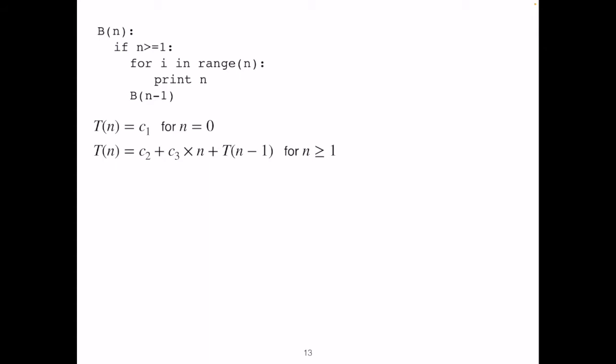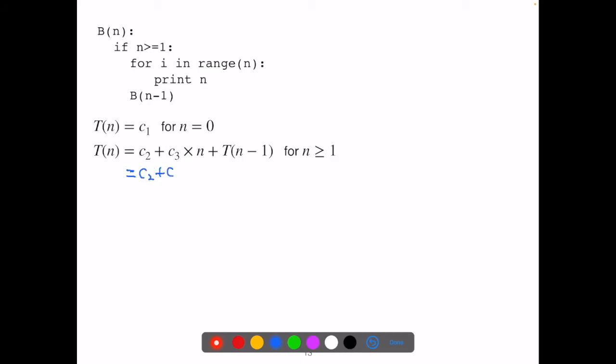Now, how to use substitution to derive the closed form of Tn? Write Tn using the substitution. So that's C2 plus C3 times n plus, we replace Tn minus 1 with C2 plus C3 times n minus 1 plus Tn minus 2, because we know Tn minus 1 would be C2 plus C3 times n minus 1 plus Tn minus 2.